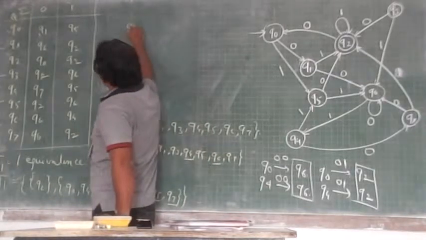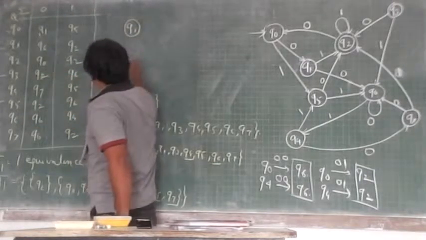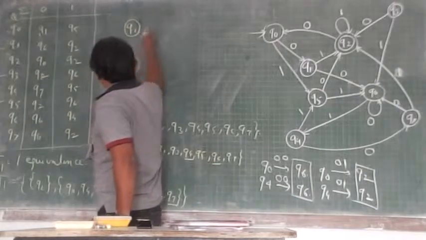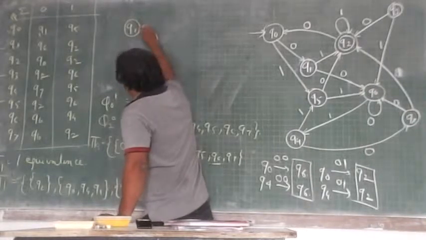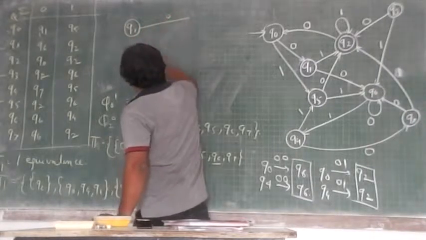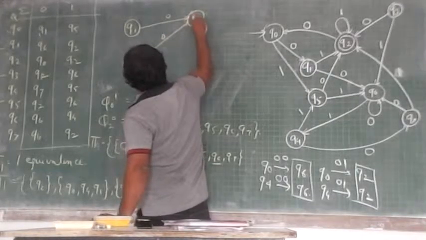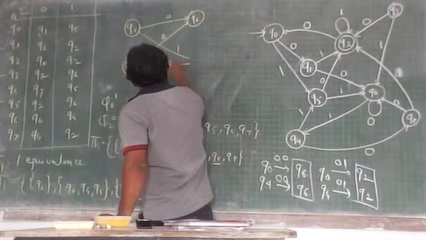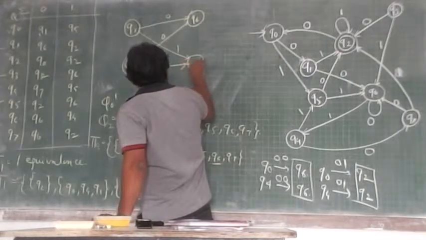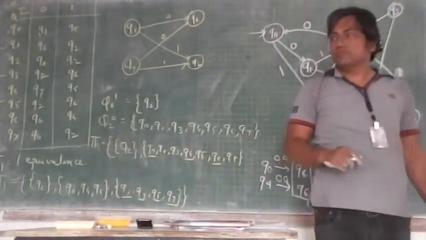The state Q1 and the state Q7 for 0 they are going to Q6 and for 1 they are going to Q2. Okay?